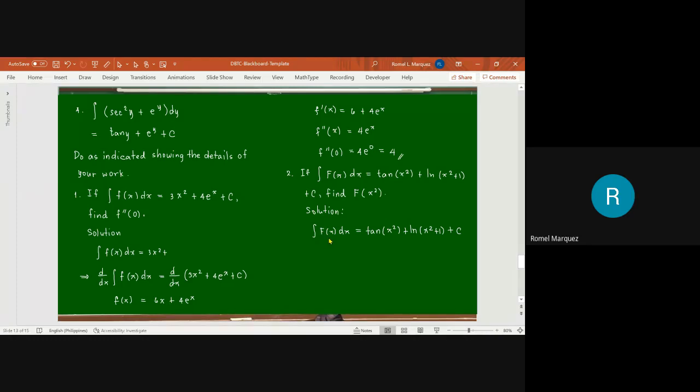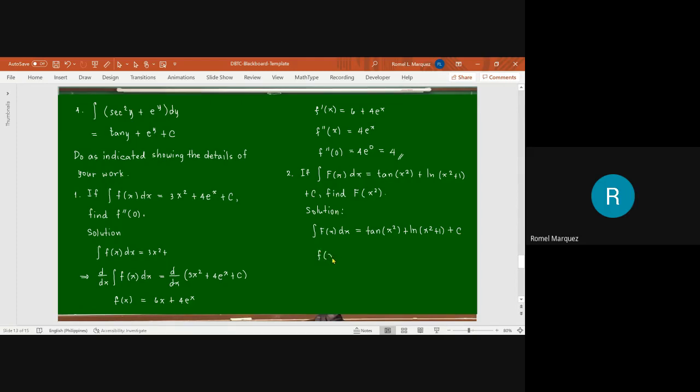Dapat, pag nilet ko, let's say, G. Small f na lang. Small f of x, yung tangent x squared plus ln of x squared plus 1. So, ano ang relationship ng small f sa capital F dito?